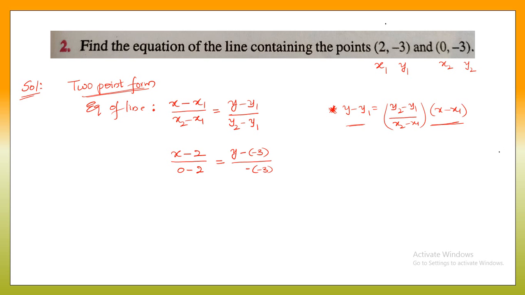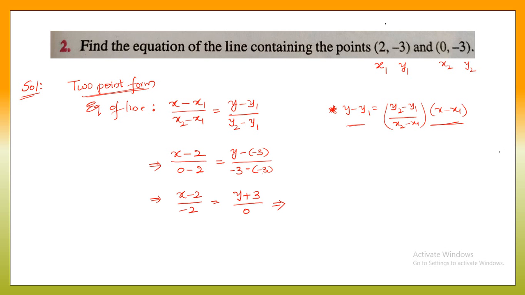What is y2? y2 is minus 3. So x minus 2 divided by minus 2 is equal to y plus 3 divided by, minus of minus 3 is plus 3, so minus 3 plus 3 is 0.